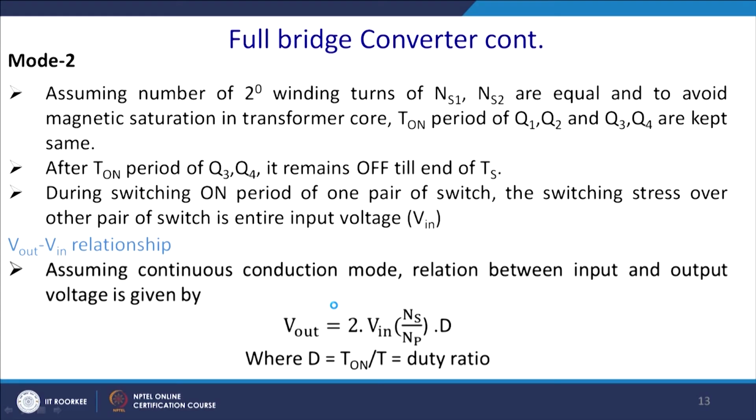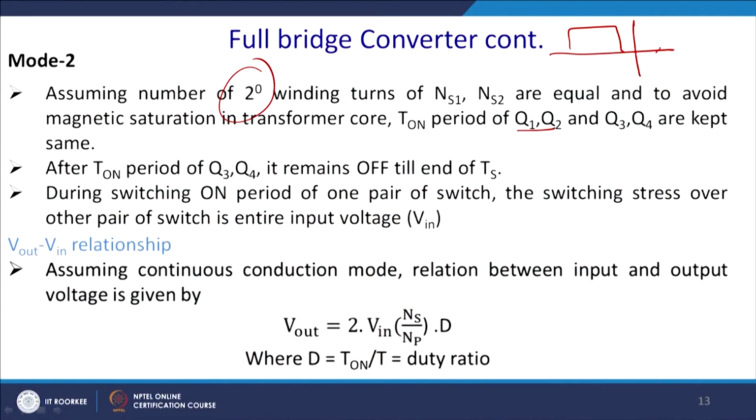Assuming that the secondary winding turns NS1 and NS2 are equal, to avoid magnetic saturation of the core, the T1 periods of Q1, Q2 and Q3, Q4 are kept the same. This will ensure the resetting of the flux.